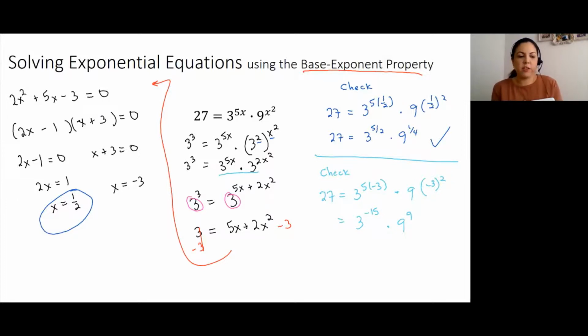Again, I'll use my calculator. 3 to the negative 15th power times 9 to the 9th power does equal 27. So both of those were valid solutions. So our solutions are x equals 1/2 and x equals negative 3.